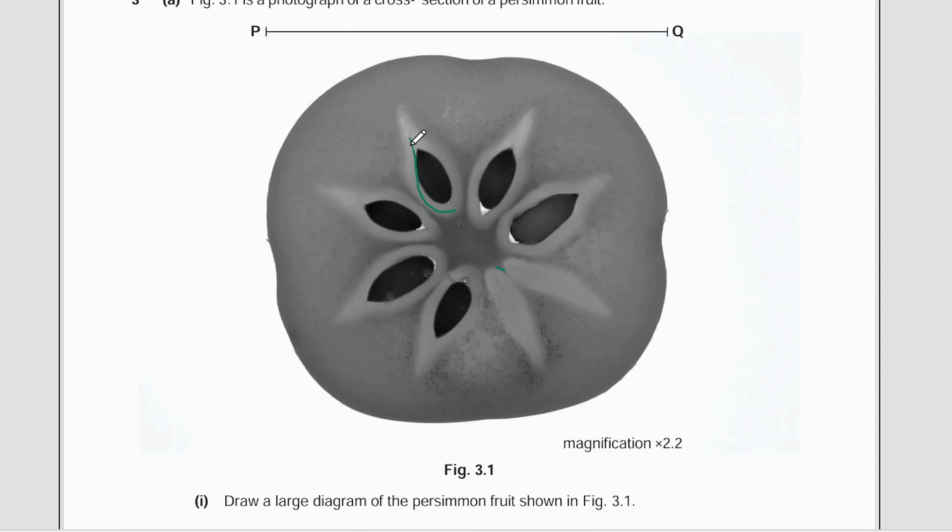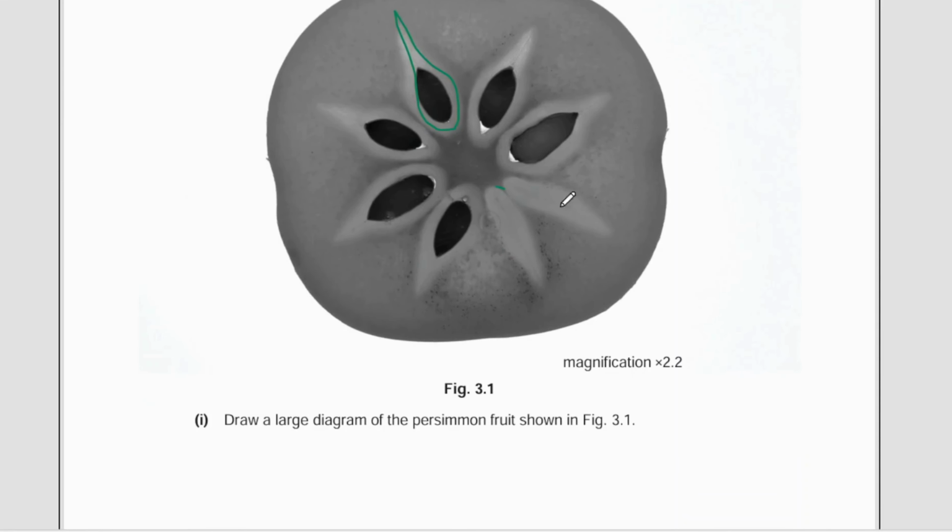We have to shape it, not shade it. Don't shade it. Make 8, then 6 seeds and 2 without seeds.